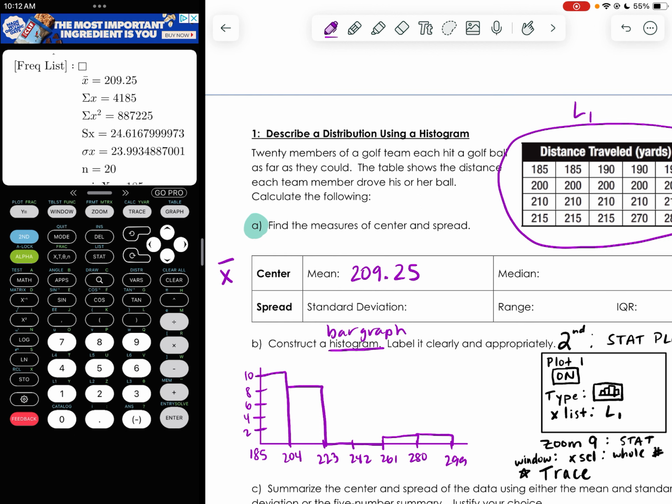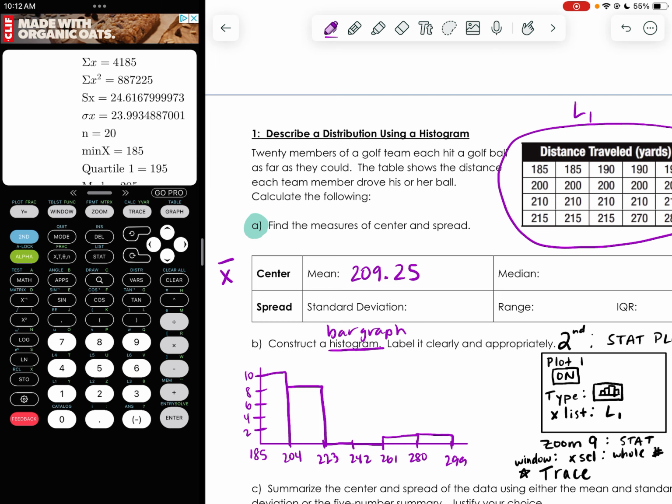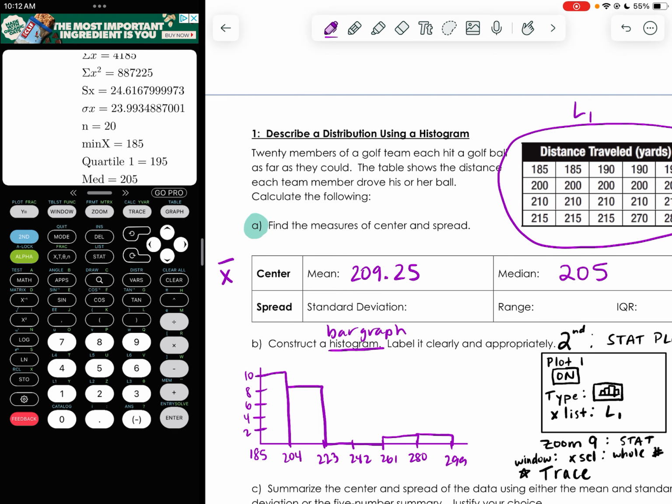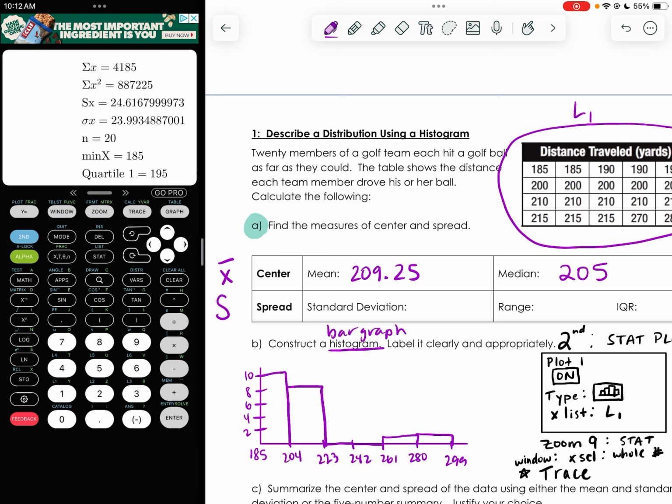If you scroll down a little bit, you'll see the Med, the median, that's 205. On the list, that's the number right in the middle. The standard deviation is noted on your calculator by S with a little x. That means standard deviation, like how far things are from the mean. That's about 24.6.